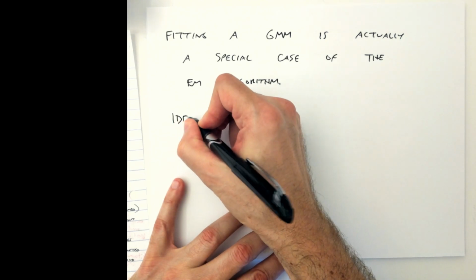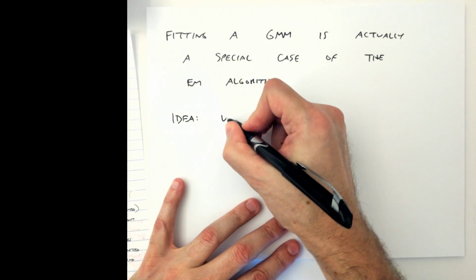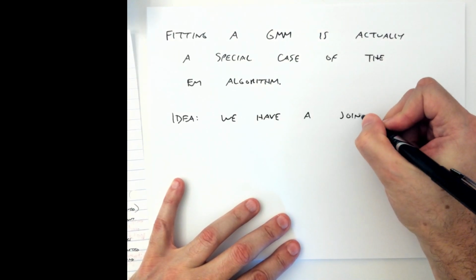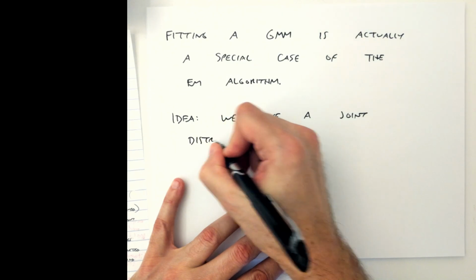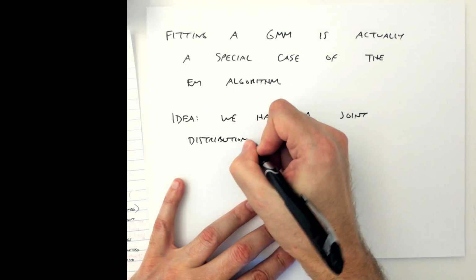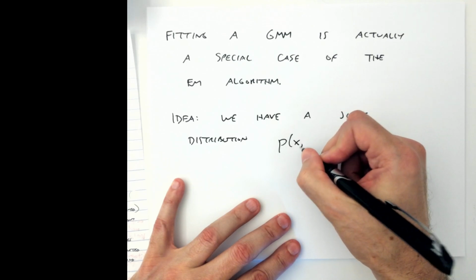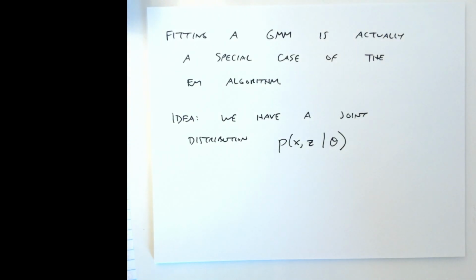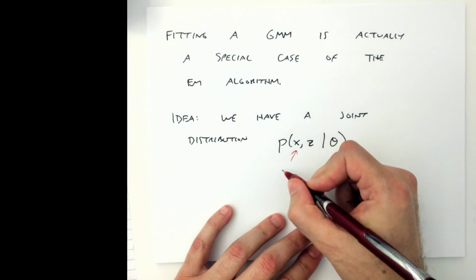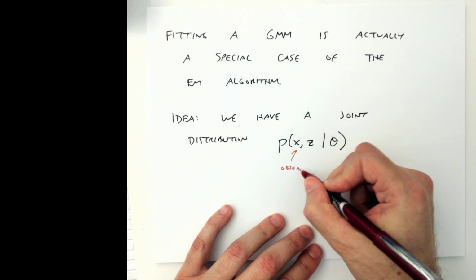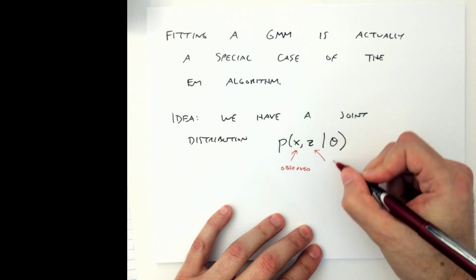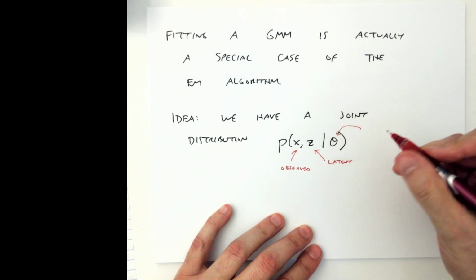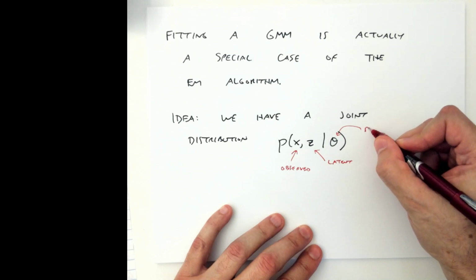The idea in general is that we have a joint distribution where these are observed variables, these are what are called latent variables, which are not observed, and these are some sort of parameters we want to estimate.